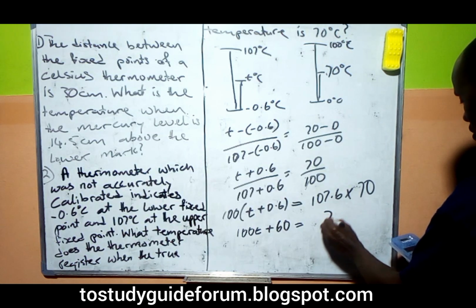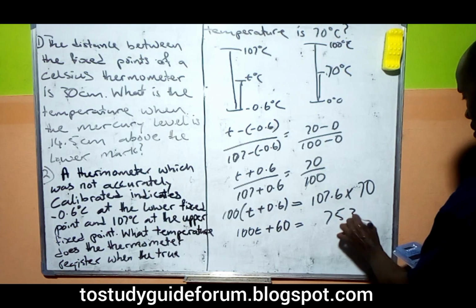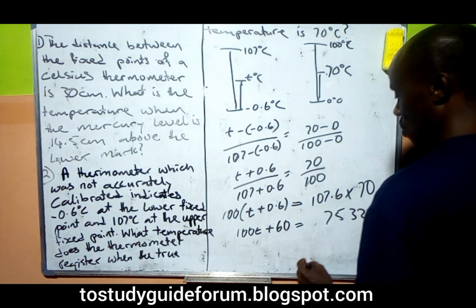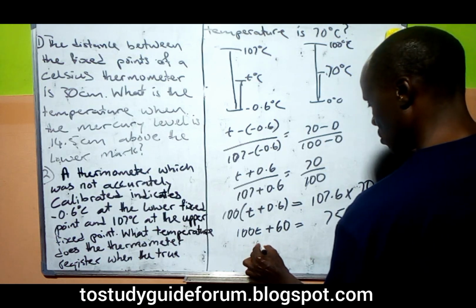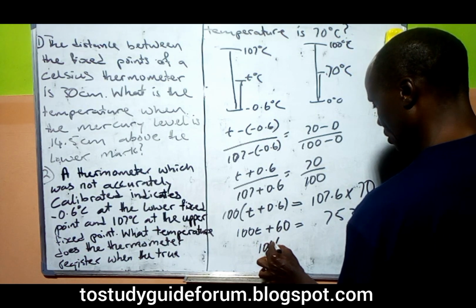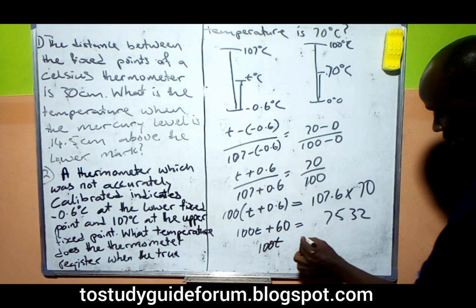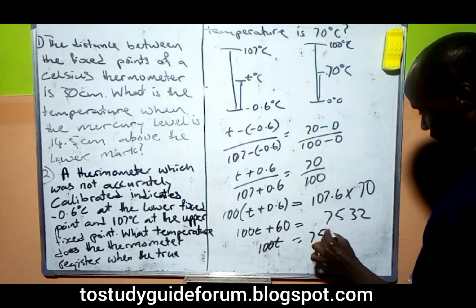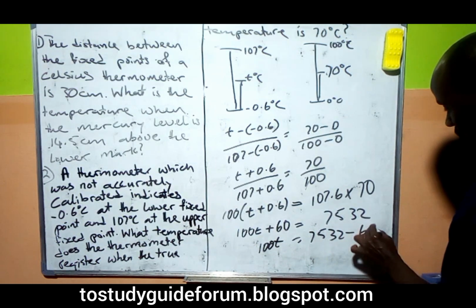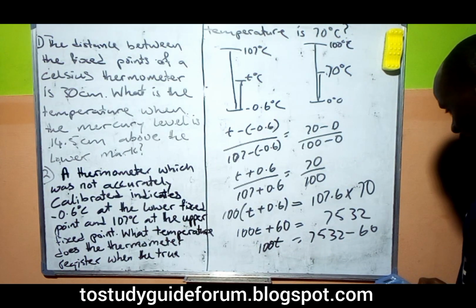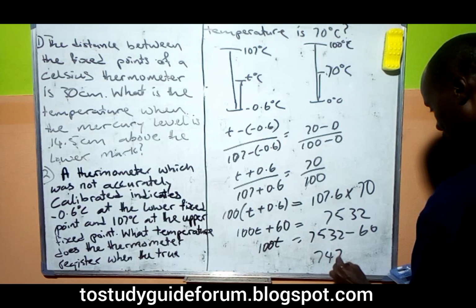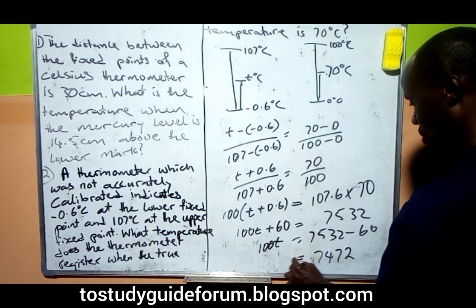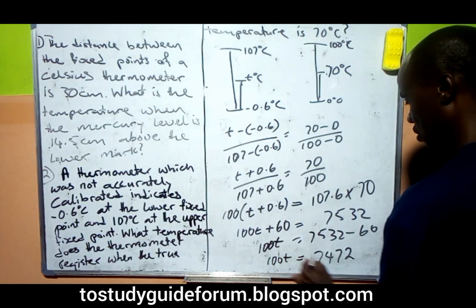That will give us 7532. So then if we collect like terms, what we have here will be 7532 subtract from 60. Subtracting from it, we have 7472 equal to 100t.